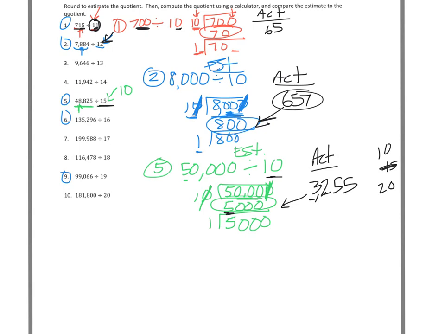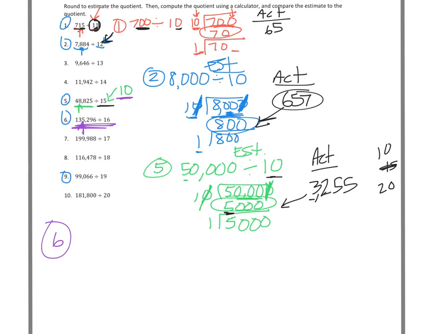So now let's do 6. And we're starting to move away from our multiple of 10 to the next multiple of 10, which is 20. So we have 135,296. And again, when I round this, I'm looking here at the 5.